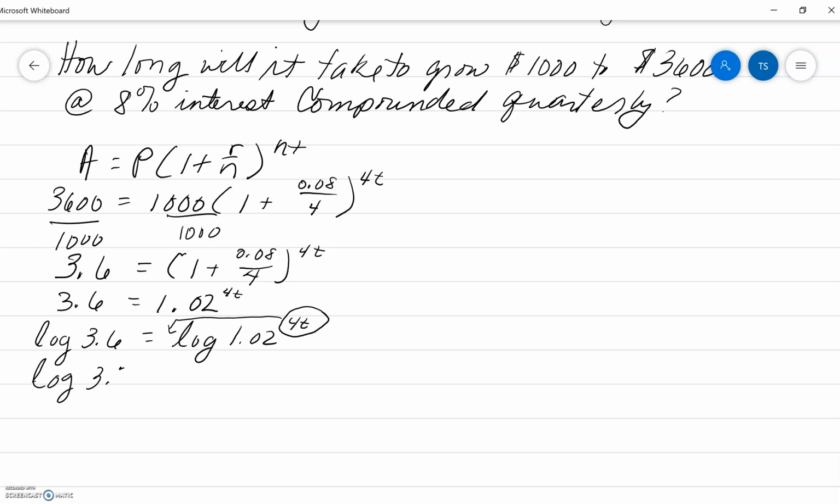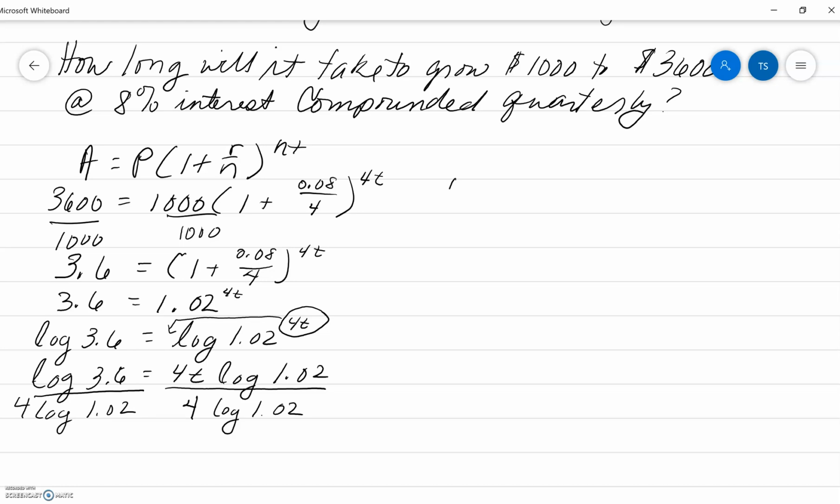So the log of 3.6 equals 4t times the log of 1.02. Not touching the calculator, I'm going to divide both sides by 4 log 1.02, and we're going to have t equals the log of 3.6 divided by 4 times the log of 1.02.